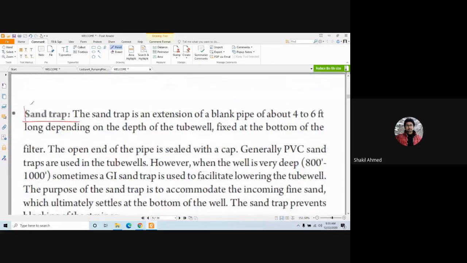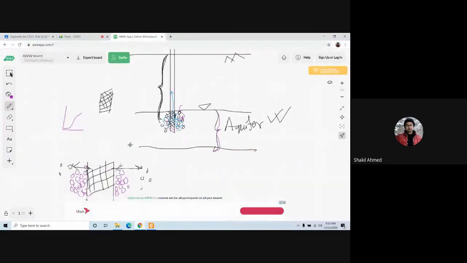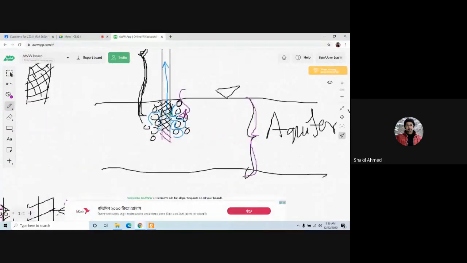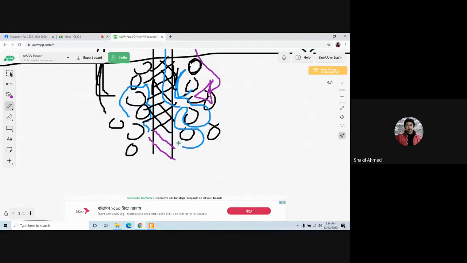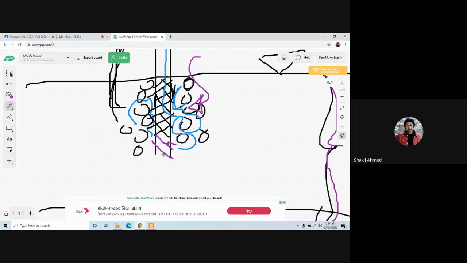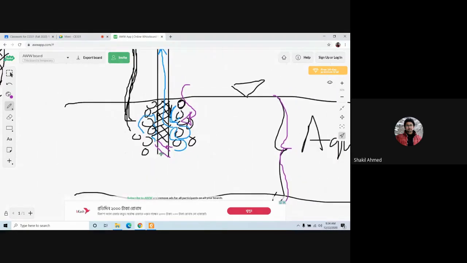Sand trap. You know what happens: even though you have designed this screen to capture the soil particles, some particles may still enter here at a very slow rate.